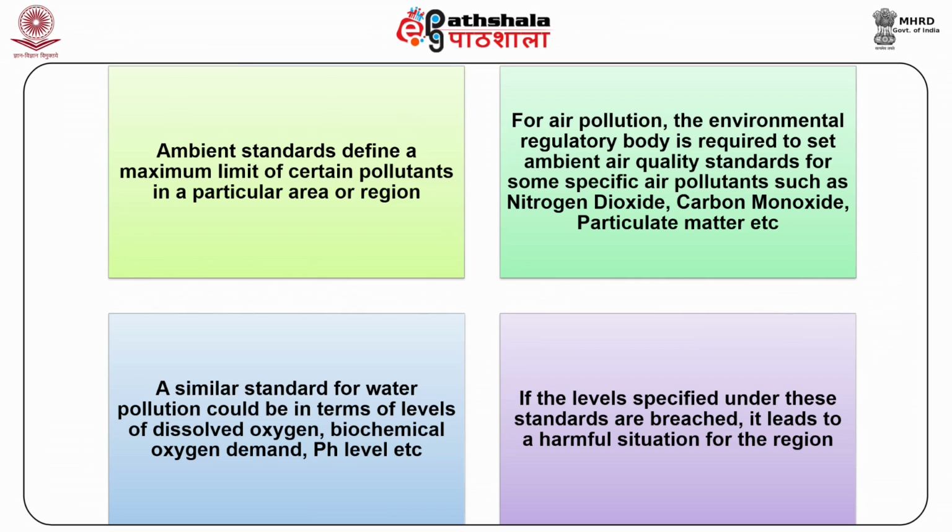Ambient standards define a maximum limit of certain pollutants in a particular area or region. For air pollution, the environmental regulatory body is required to set ambient air quality standards for some specific air pollutants such as nitrogen dioxide, carbon monoxide, particulate matter, etc. A similar standard for water pollution could be in terms of the levels of dissolved oxygen, biochemical oxygen demand, pH level, etc. If the levels specified under these standards are breached, it leads to a harmful situation for the region.